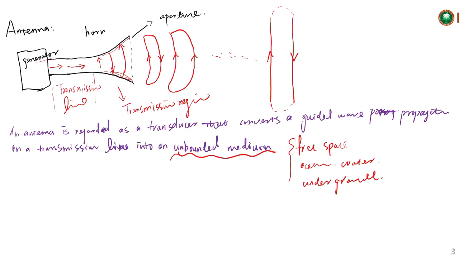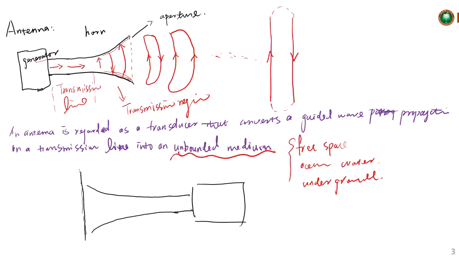Okay, and on the receiver side, we still have such an antenna, but now it's somewhat different. At this side, this is the receiver, right? But close to the aperture of the antenna, the electromagnetic waves are plane waves, because they propagate from the far field to this side.